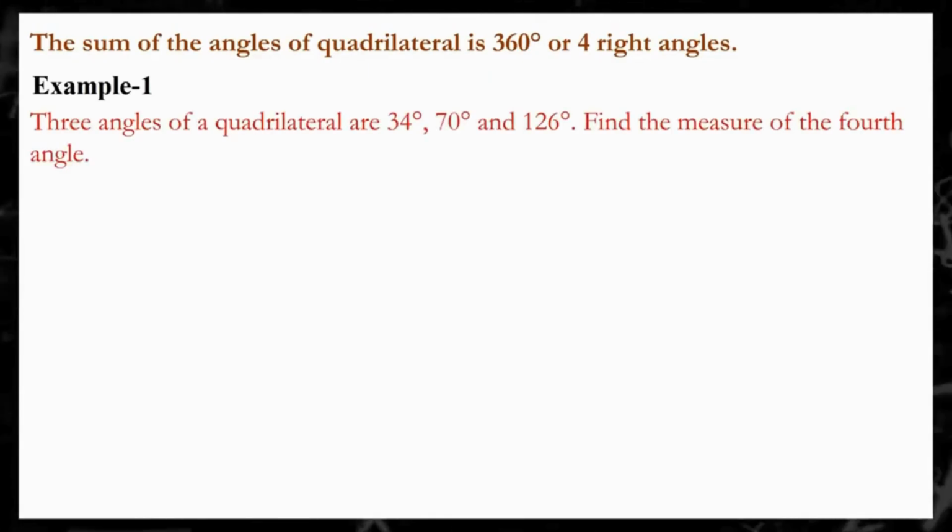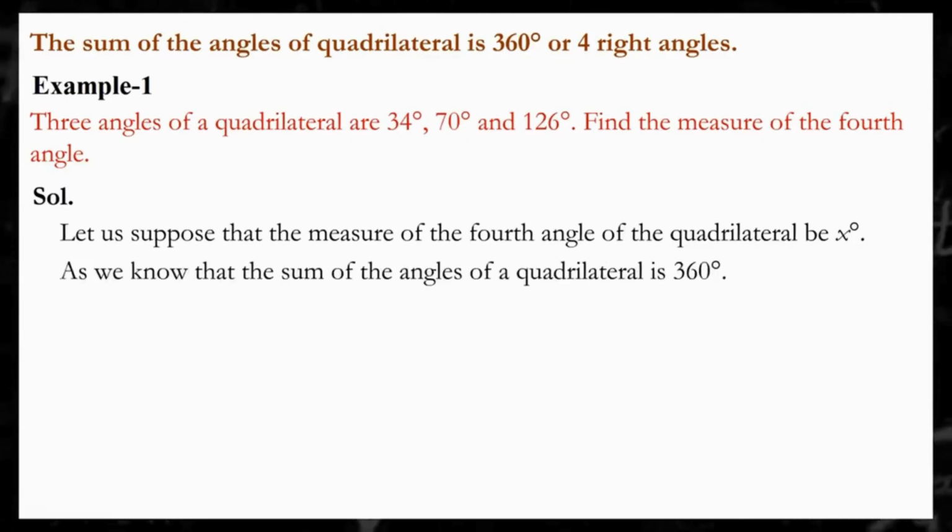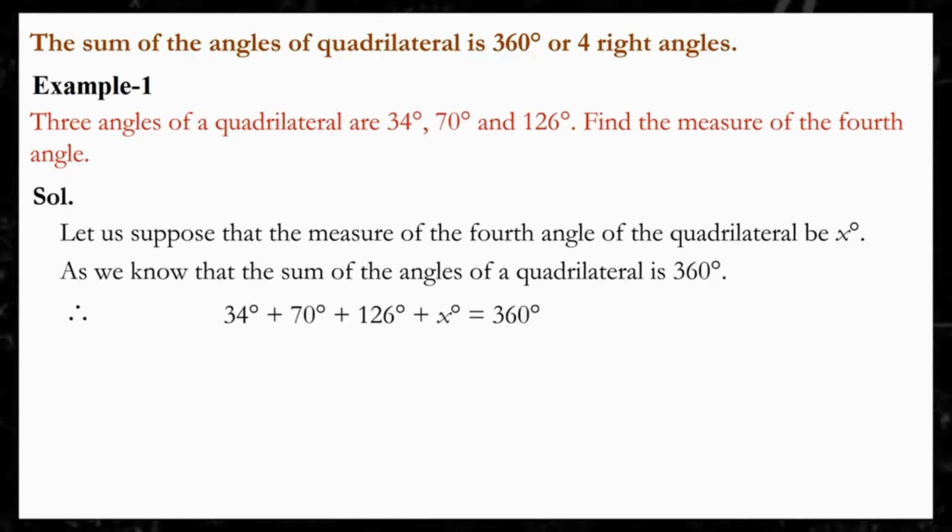Example 1. 3 angles of a quadrilateral are 34 degrees, 70 degrees and 126 degrees. Find the measure of the 4th angle. Solution. Let us suppose that the measure of the 4th angle of the quadrilateral be x degrees. As we know that the sum of the angles of a quadrilateral is 360 degrees, therefore 34 degrees plus 70 degrees plus 126 degrees plus x degrees is equal to 360 degrees.